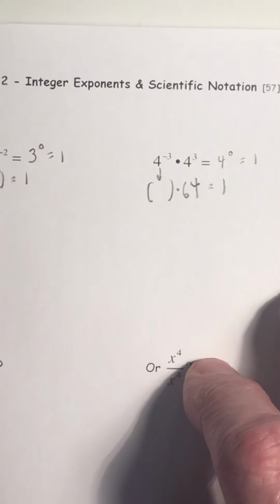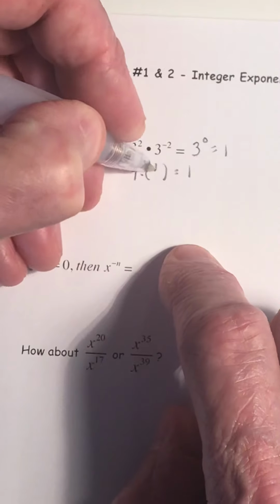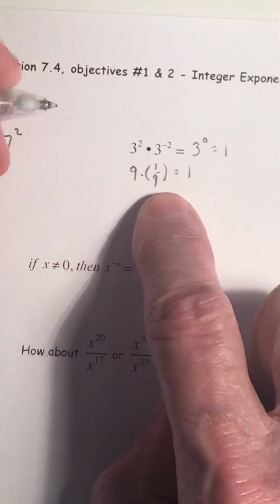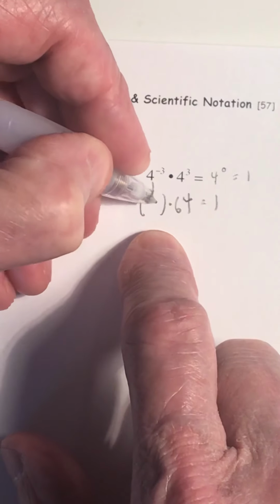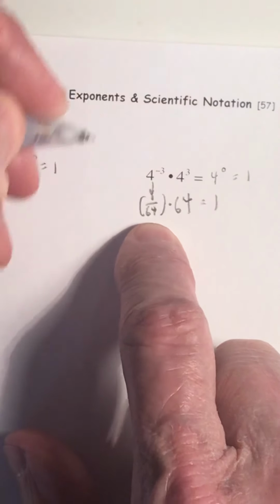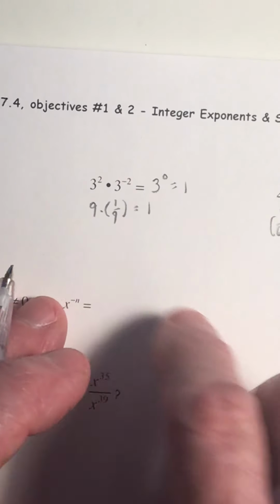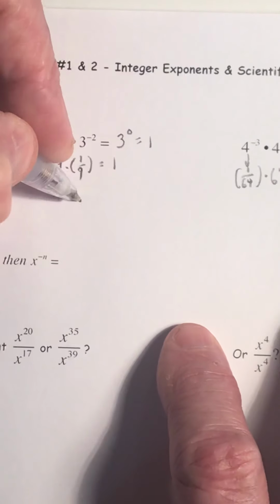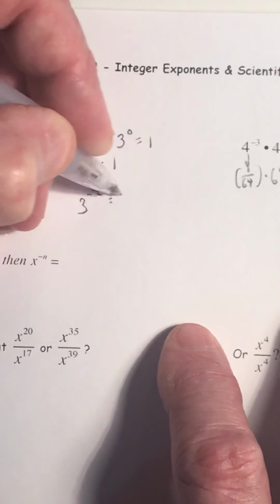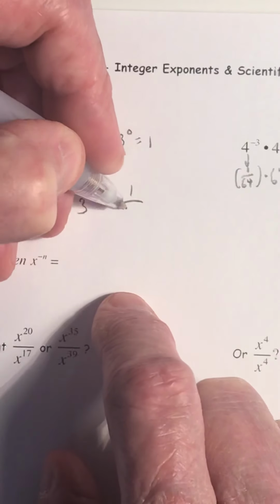So, got an idea yet? 9 times 1 over 9, 9 ninths makes 1. If this was 1 over 64 here, 1/64 times 64 equals 1. See, what this negative exponent really means is that you have 1 over that same base to the positive power.